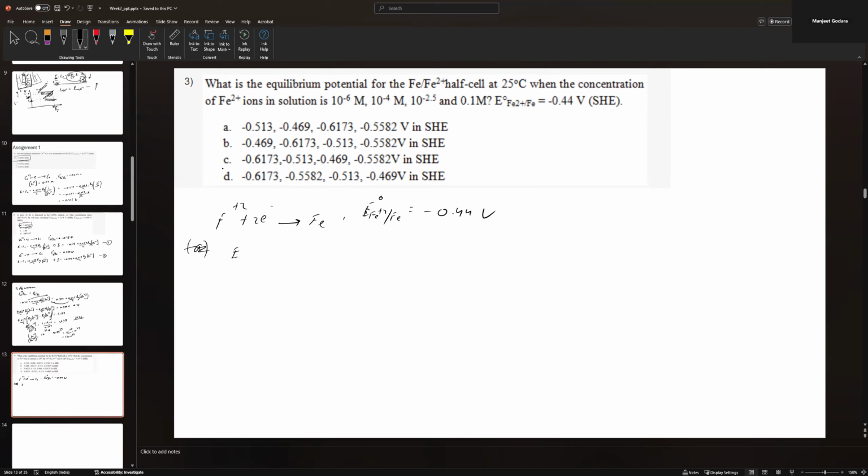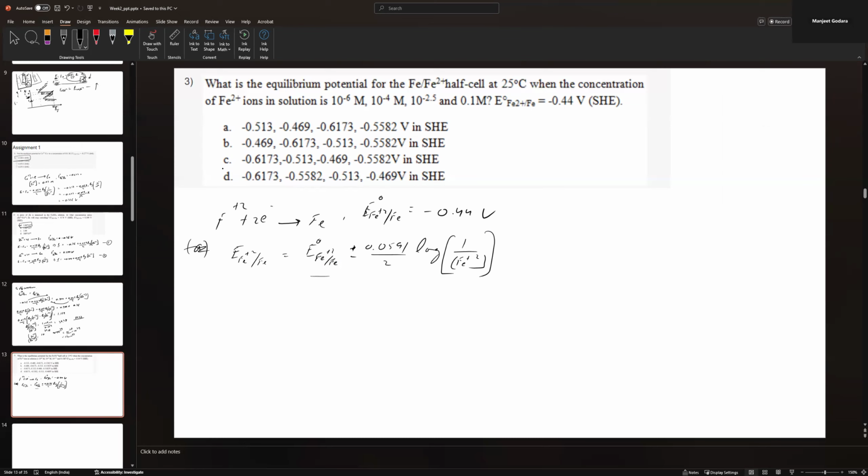The equilibrium potential at any other concentration is E equals E naught plus 0.0591 divided by 2 log of 1 over Fe2+ concentration.